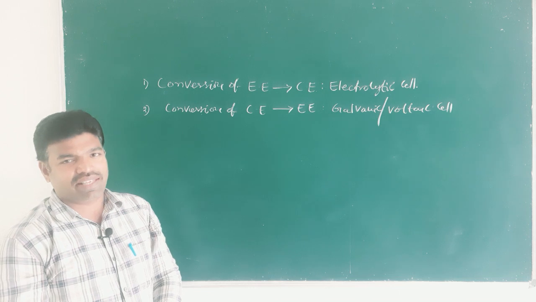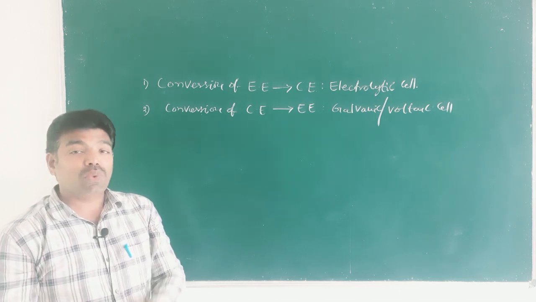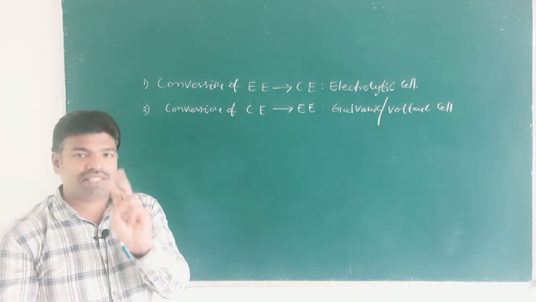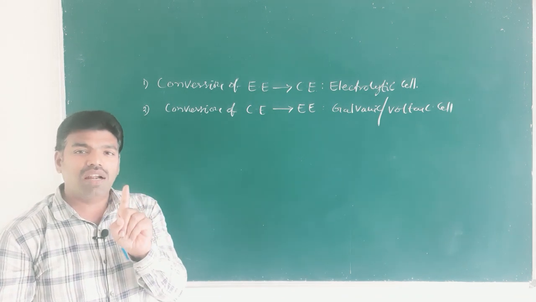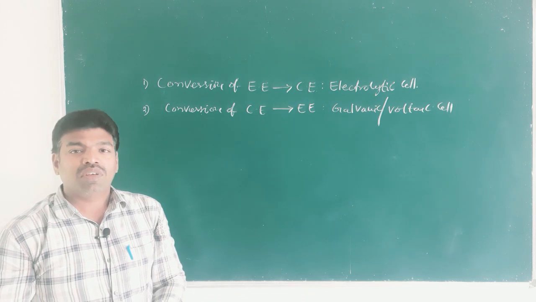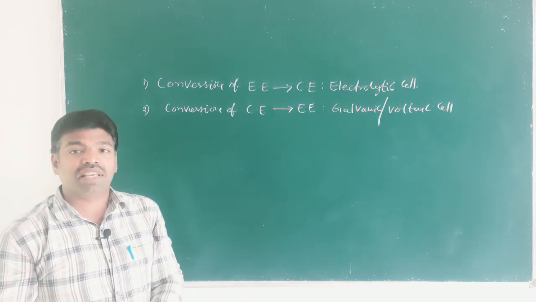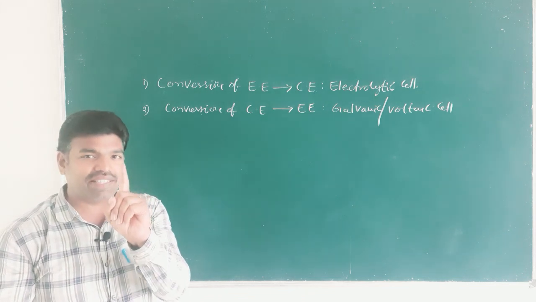Galvanic or voltaic cell: when two dissimilar metals are placed in aqueous solutions of salt or an acid, which behaves as a source of electricity.